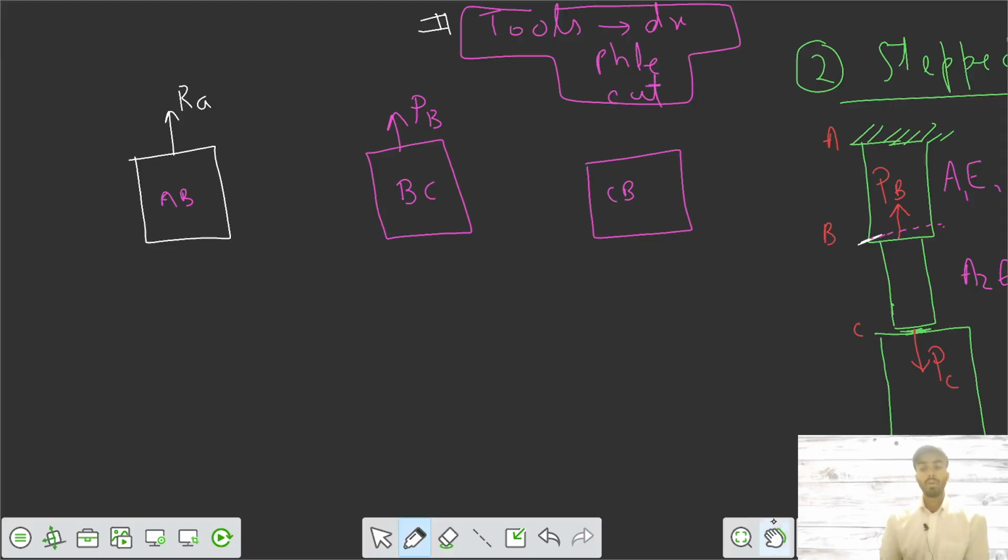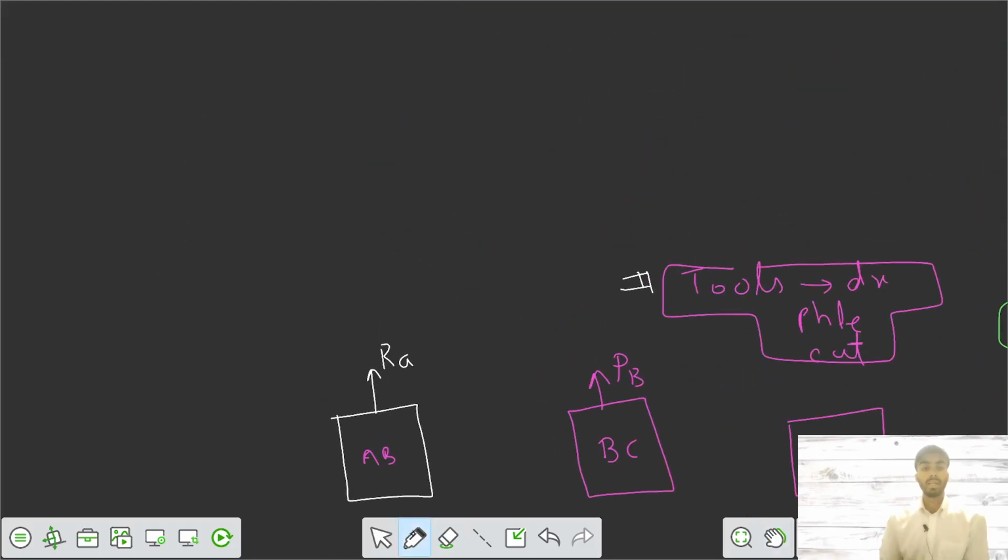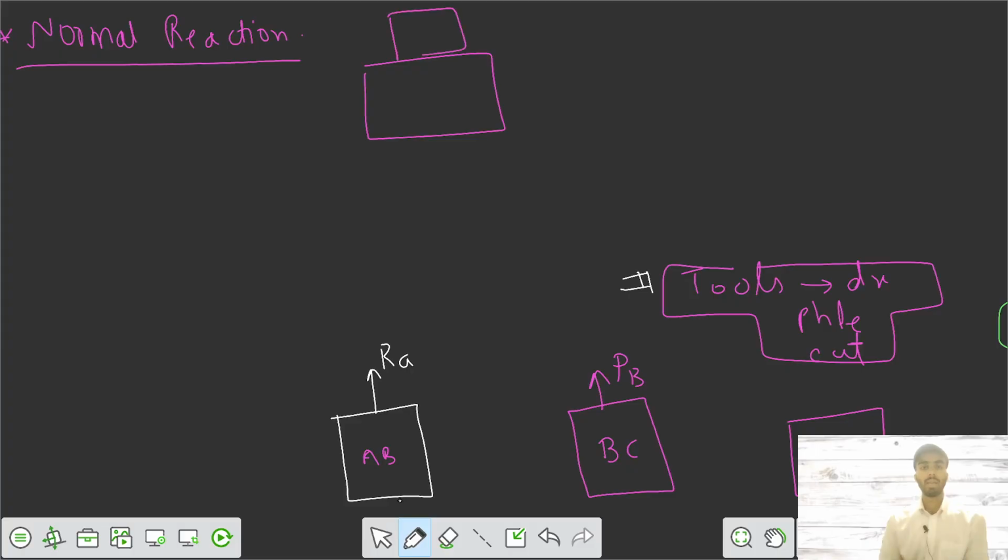Now we know you have studied normal reaction. You have two bodies of mass m1 and m2. Then we do a free body diagram. We say that on the body m1, because of m2 normal force is acting, and on the body m2, because of m1 normal force is acting.